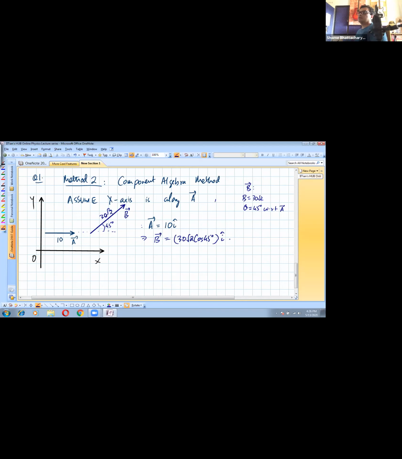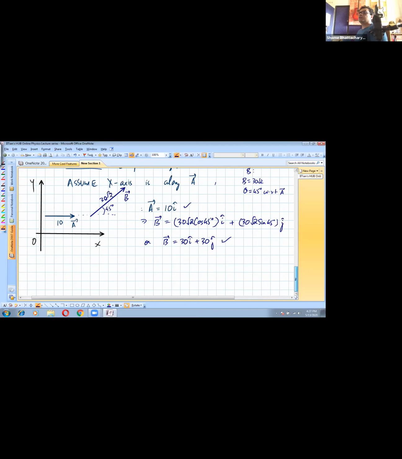And the y component is 30√2 sin 45. Or we can express the vector B accordingly as 30 I cap plus 30 j cap. So now I have vectors A and B in component form.